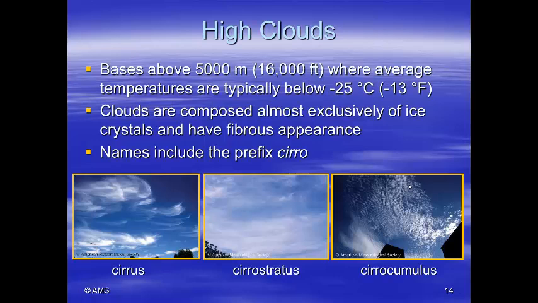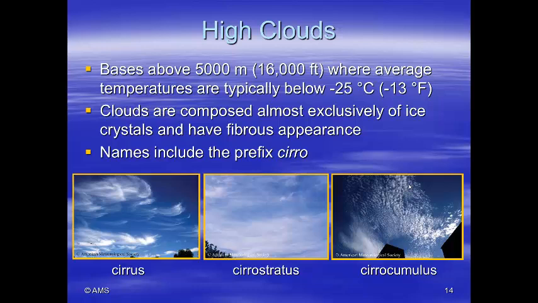First we have high clouds, so first let's talk about high clouds. These have bases above 5 kilometers, and as we've said before, 5 kilometers is about 3 miles. The average temperature is below negative 25 degrees C or negative 13 degrees Fahrenheit.